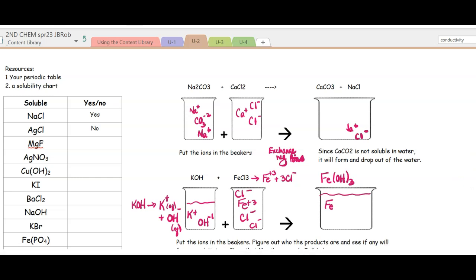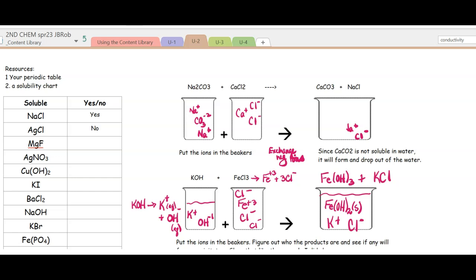All right. So this would stay together. It doesn't ionize. And it would drop to the bottom because it's a solid. And then the other guy would be KCl. Well, all potassium compounds dissolve, and because they dissolve and they're ionic compounds, they would just be ions floating around in solution.